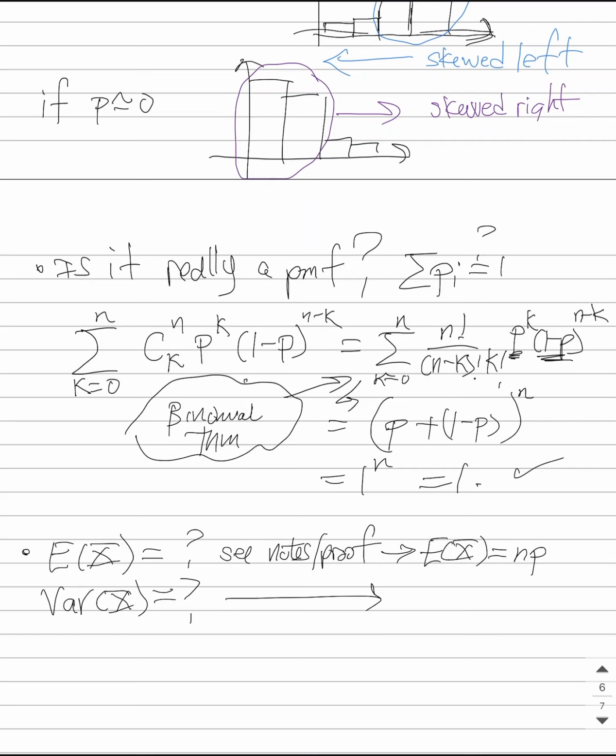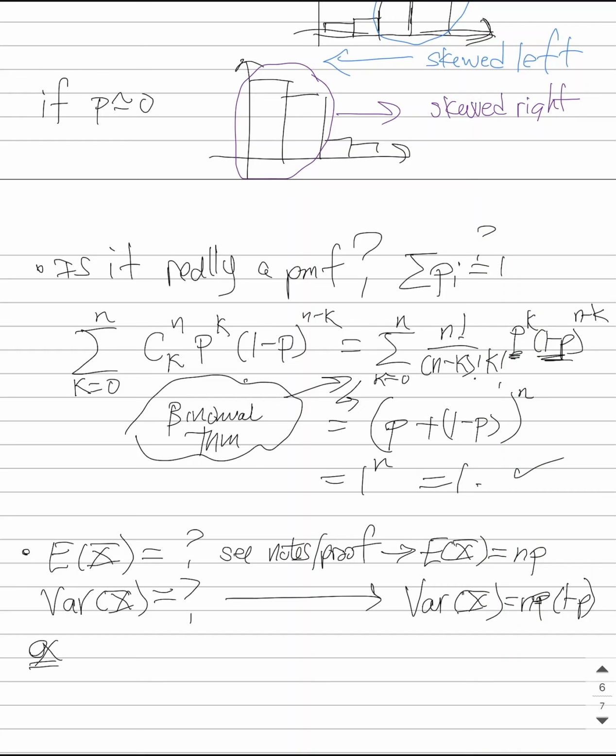If you have a probability of success, point whatever, all you have to do is multiply it by the number of trials, and that would work out. The variance ends up being equally similar. It's just n times p. I write q down, but technically we should be writing n times p times 1 minus p.